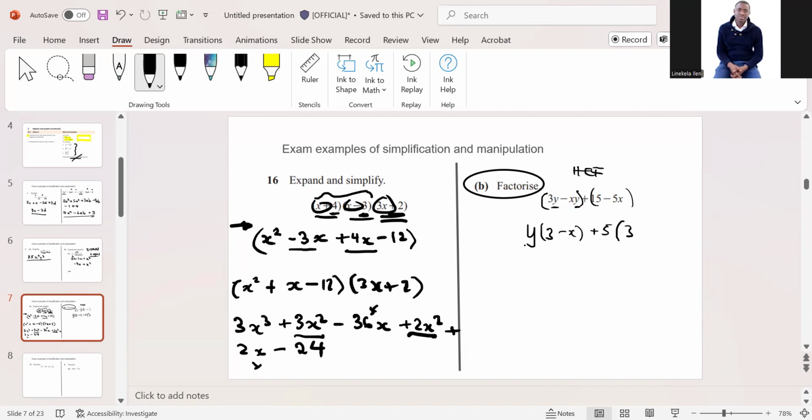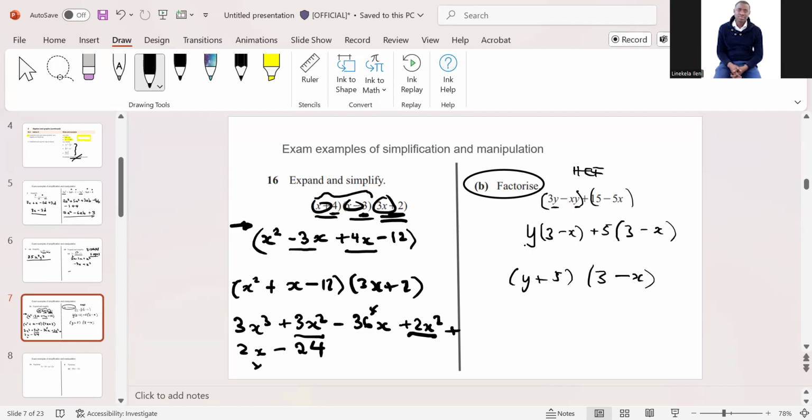Then 5 into negative 5 will just give me negative x. Now I know my brackets are the same, so I can group the uncommon and the common. And just like that, we have factorized.